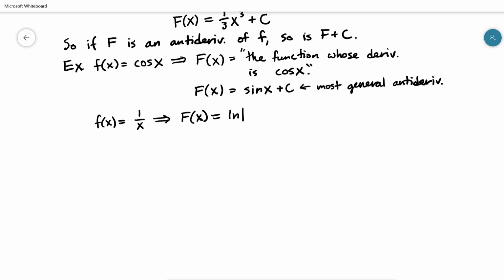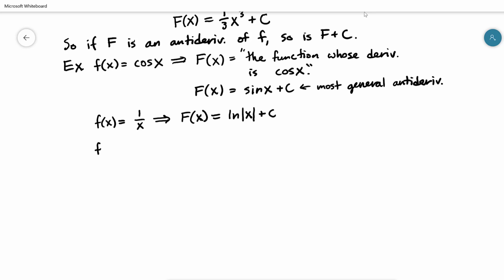And in fact, the natural log of the absolute value of x, because this works for both positive and negative values of x. And again, to make it as general as possible, we need to add our plus c. So we just need to recognize function, derivative, function, derivative. And we're just trying to do it in the reverse order.